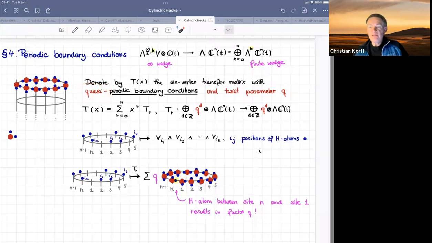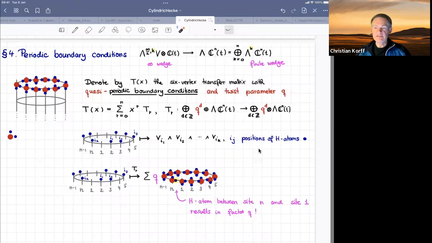So I remember basically where I cut open my one-dimensional infinite lattice and glue it together in order to get a cylinder. And whenever there's one of these hydrogen atoms, these blue balls, on the lattice edge where I have cut my lattice open and then glued it together in order to get the cylinder, then I simply multiply with q.